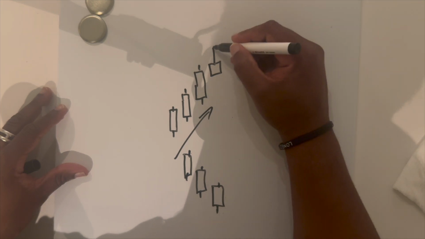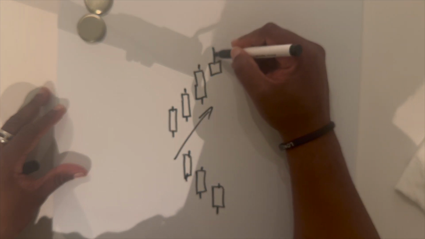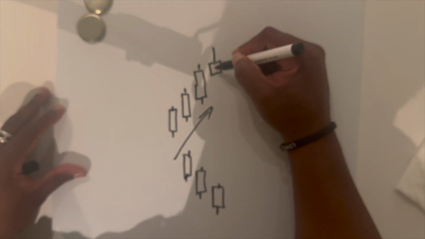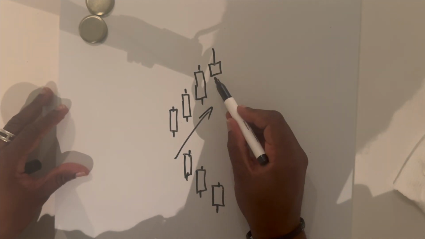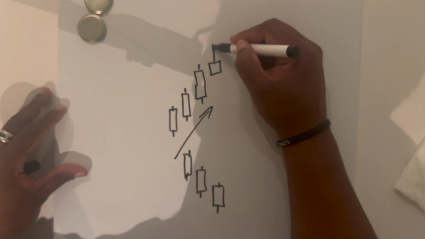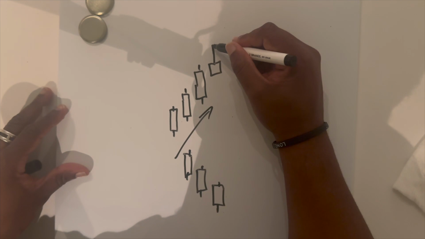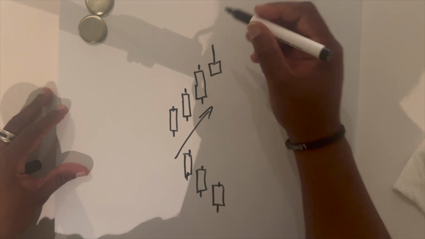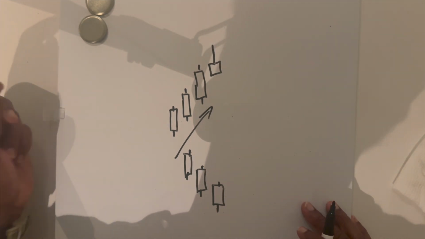Why? Because this is the highest that it went and it pushed that body down so that it got small. So that was a lot of selling pressure coming from this high, showing that it didn't want to go any higher.